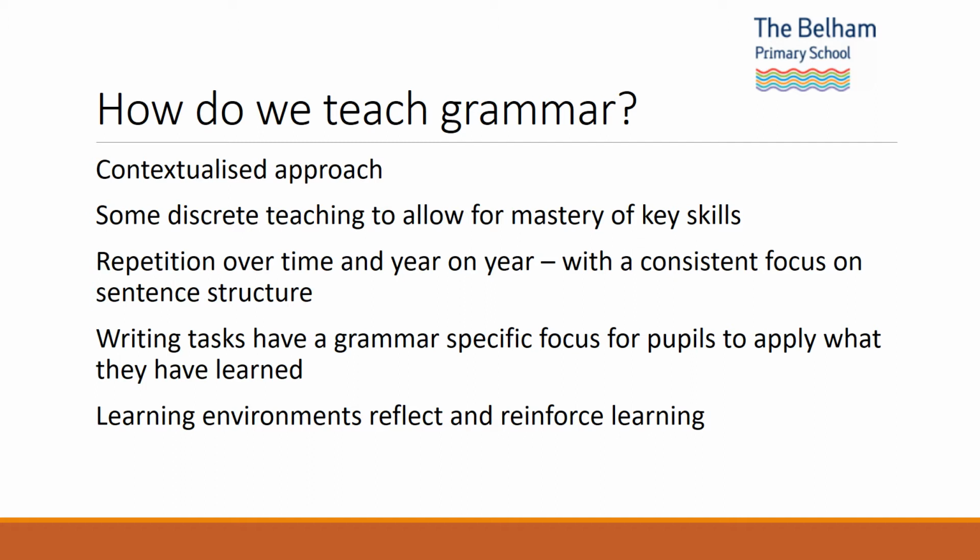We do also do some discrete teaching of grammar to allow for real mastery of key skills, but we know that a combination of discrete teaching and a contextualised approach is going to be most effective for all of our pupils, knowing that a mixture of those two is going to help and support a wide variety of different types of learners.